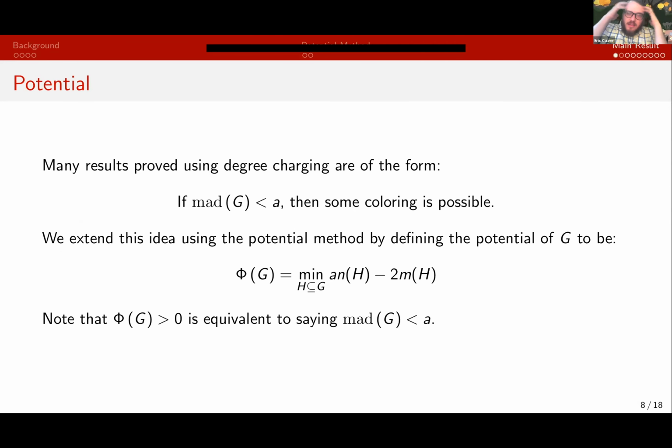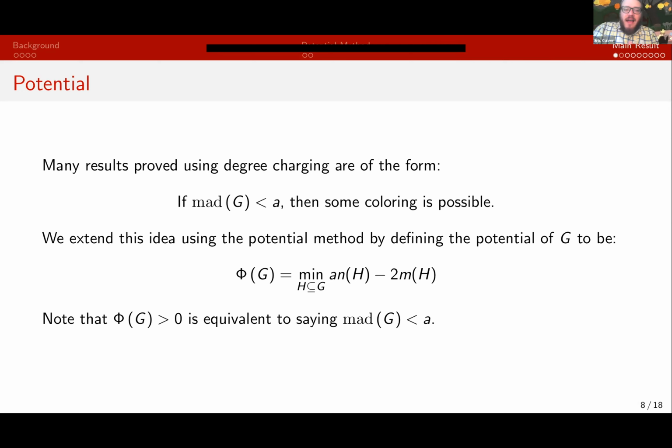But the main idea of what I worked on is, if we define the potential a certain way, then we can connect it really concretely to the discharging method that's often used in these coloring proofs. So a lot of these results are like, if I bound the maximum average degree by something, then I can color the graph in a certain way.